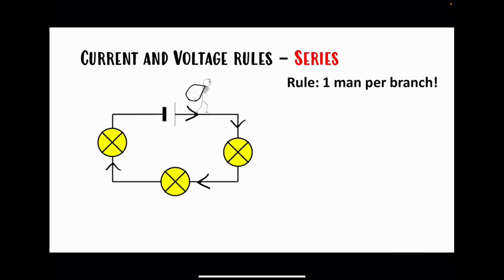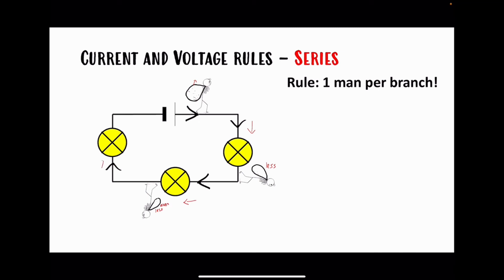For the voltage, it's as if one man is leaving the battery and will pass through the first bulb, giving out some of his energy, and now he has less energy in his bag. And then he'll cross through the second bulb and will have even less.